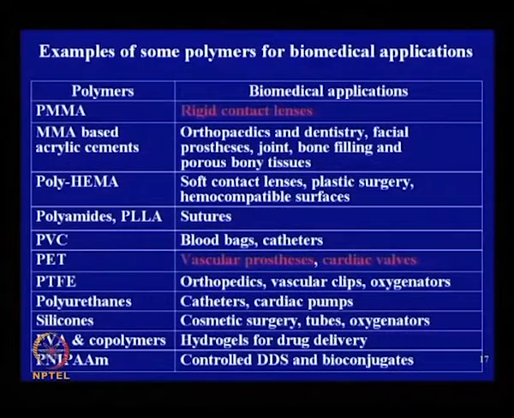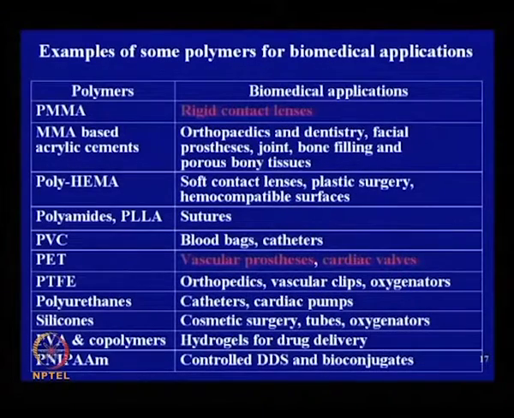Silicones, silicone is an inert material, silicone rubber. That silicone is used for making cosmetic surgery, say breast implant, or nose replacement, nose surgery, or finger joint, artificial fingers, these are made from these silicones. Okay.